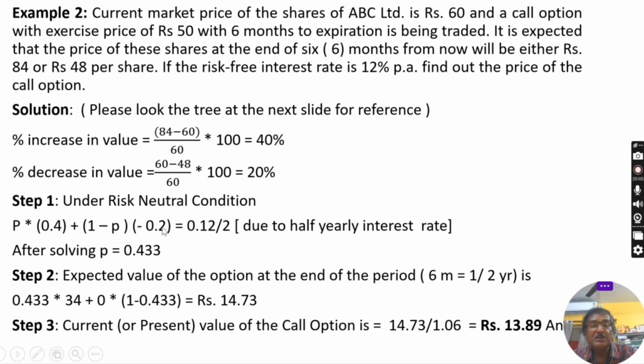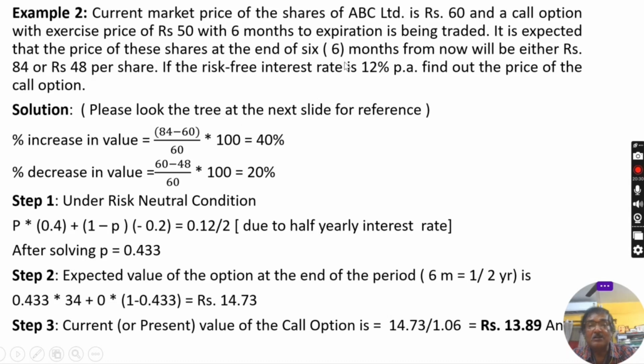Into 20% is the decrease in price, that means the return is minus 20%. I have already discussed why I have put a negative sign here, because this is a case of decrease. That's why the expected value calculated by this formula is equal to 12% per annum.